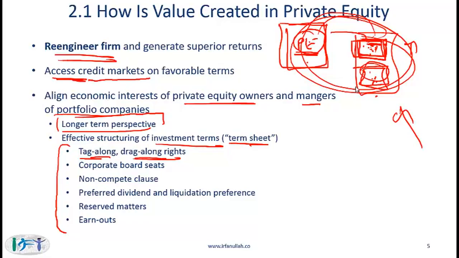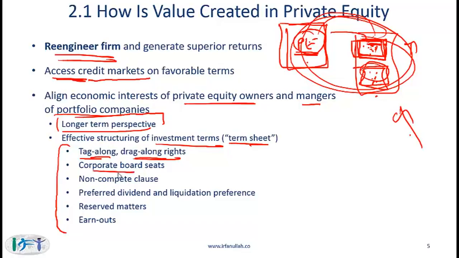So you can't have a situation where the acquirer only pays the private equity firm and gets the investment and the manager loses. So that way the incentives will not be aligned. But if the private equity firm and the management agree that if any new acquirer comes, then the offer will benefit both the management and the private equity investor, in other words, all stakeholders, then automatically their incentives are aligned, because if a good offer comes, both benefit.